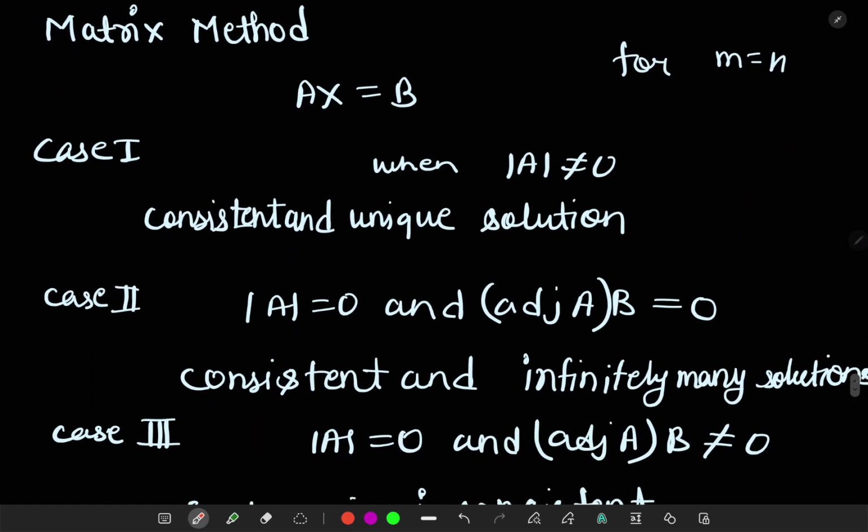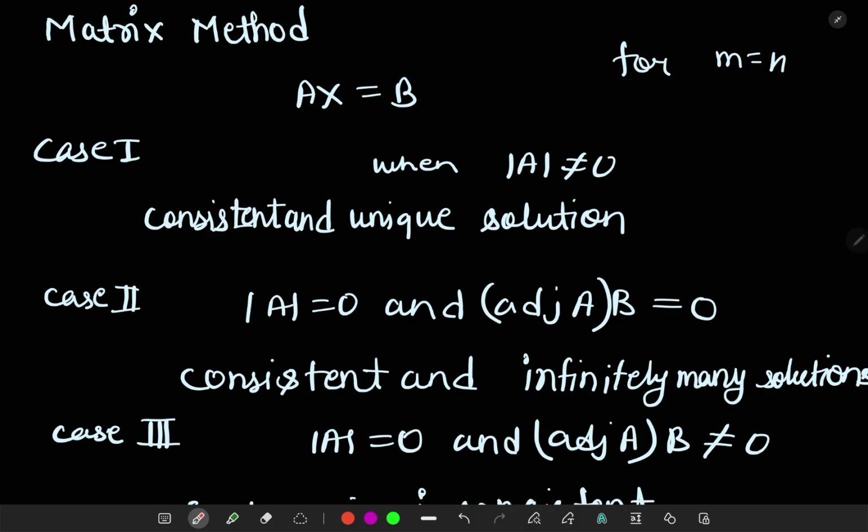Now, another method is the matrix method. For an m equal to n matrix, case 1: if determinant A does not equal 0, then the system is consistent and has a unique solution.